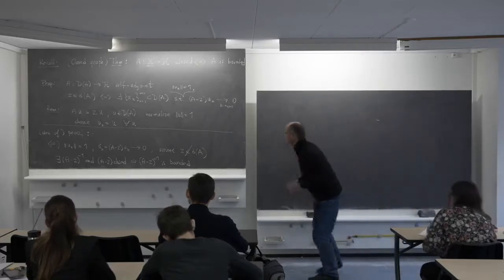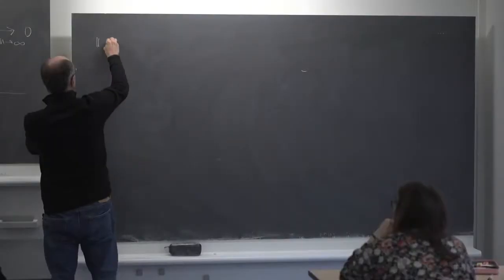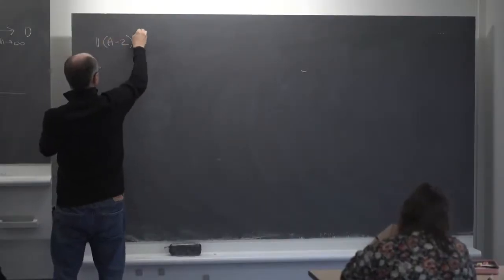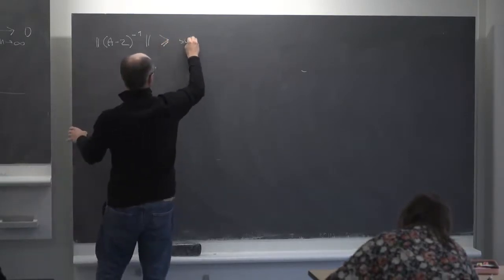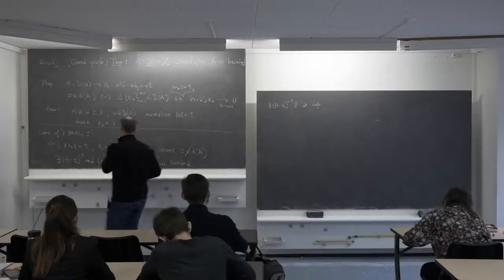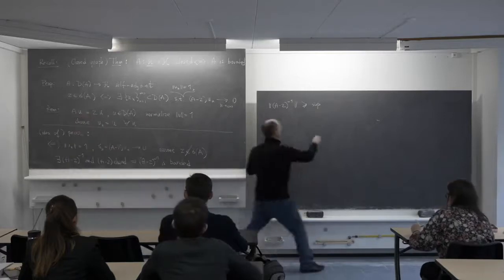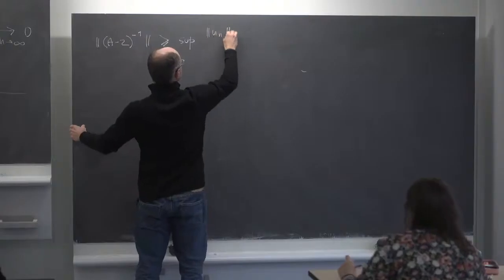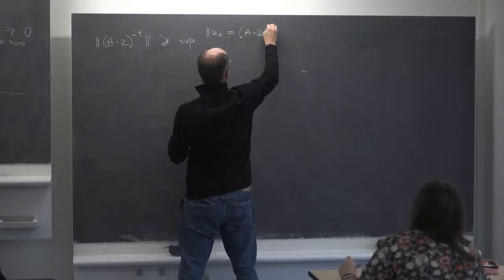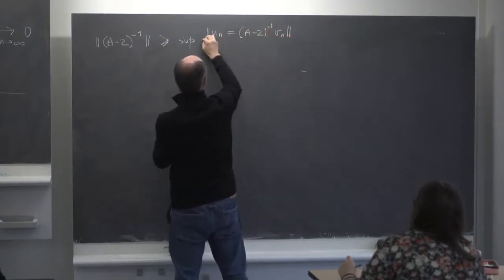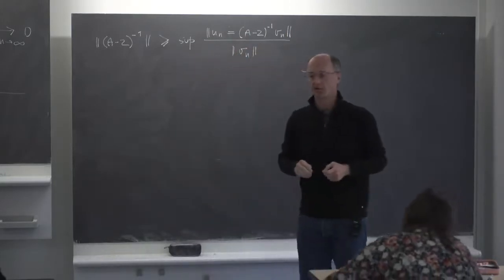But this is clearly a contradiction, because the norm of the inverse of A minus Z is bounded from below by the supremum of the norm of u_n, which is equal to the inverse of A minus Z applied to v_n, divided by the norm of v_n.